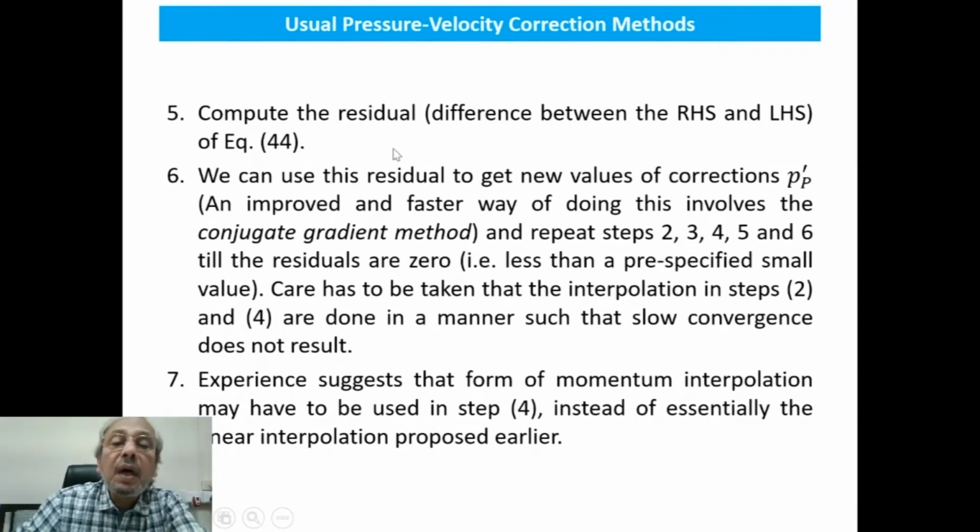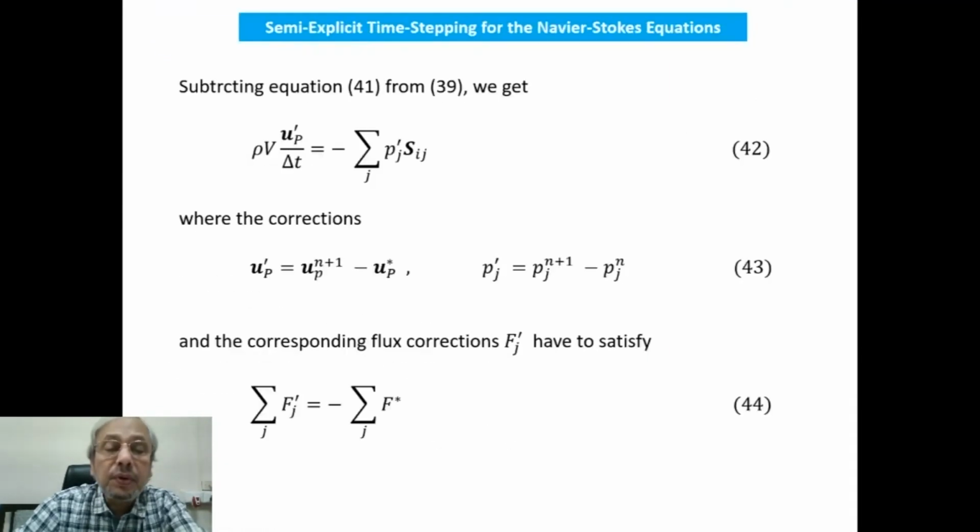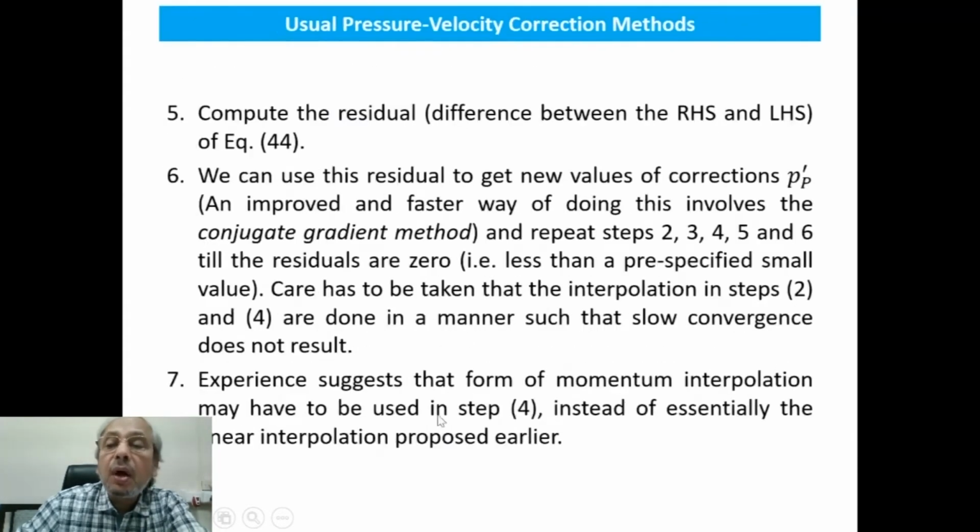Now compute the residual, that means the right hand side and the left hand side of equation 44. For a converged situation, this will produce 0. We can use the residual to get new values of correction P_P prime.